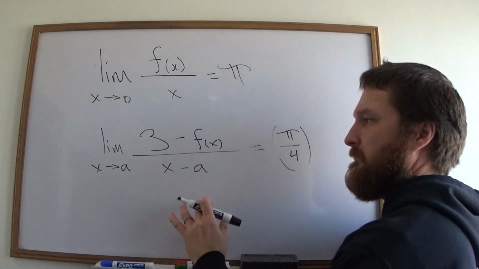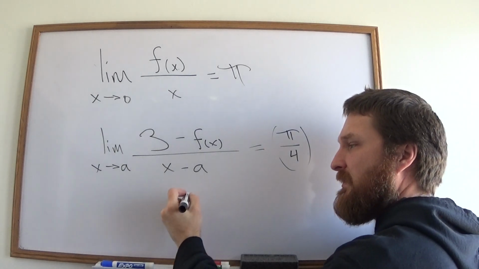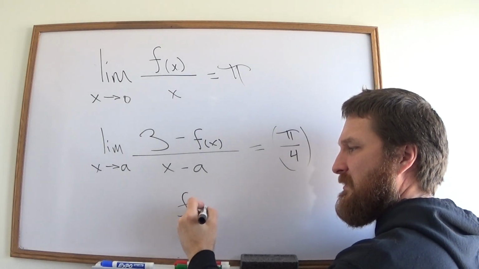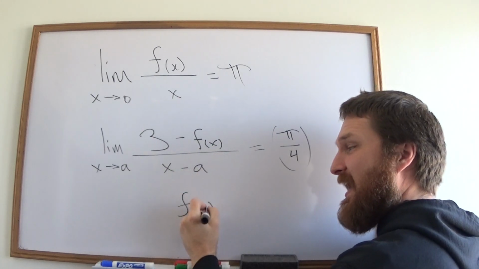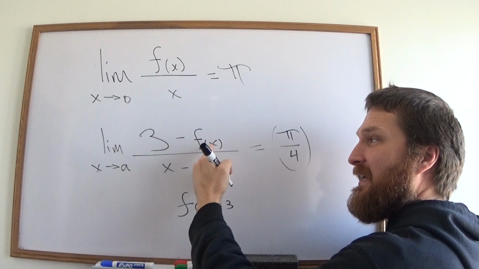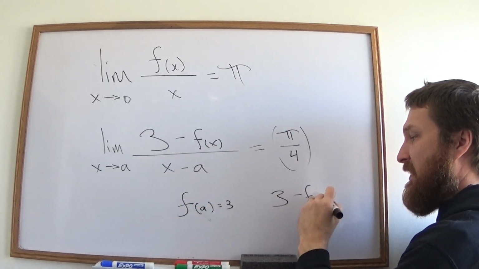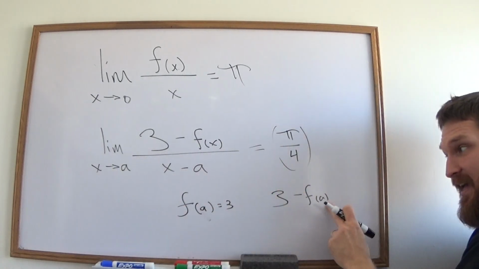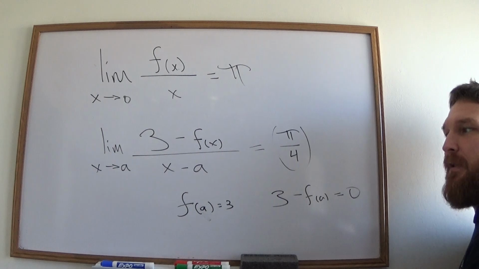F of a must be 3, because as this goes to a, 3 minus f of a must be 0 in order for this to not blow up, right?